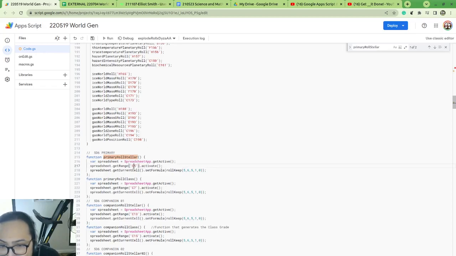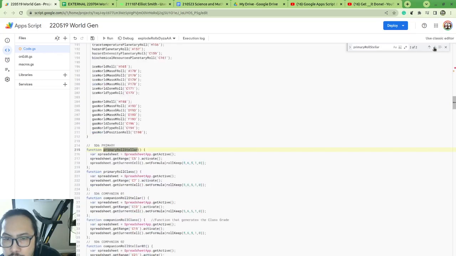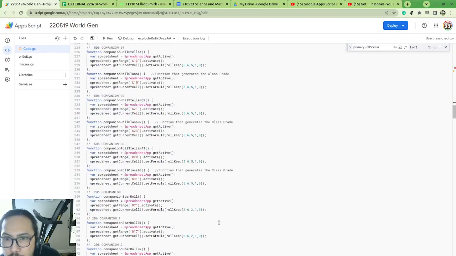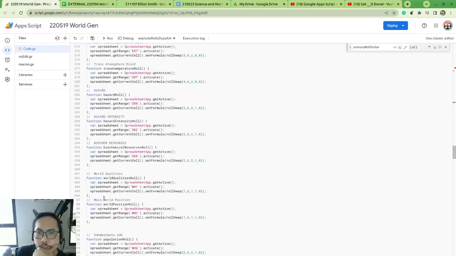Set formula, get range C5. Wait, primary stellar C5. Oh wait, I have to use this entire thing just to roll on one. Didn't we fix this already? There was one way we could make it.